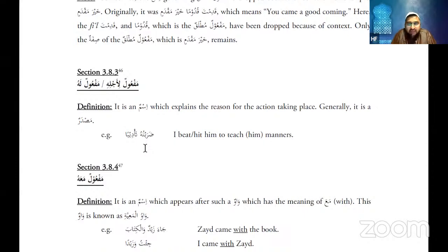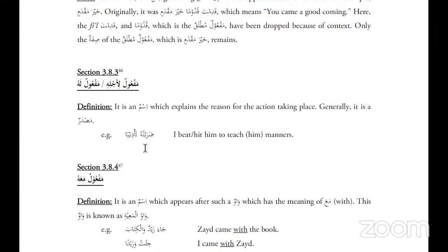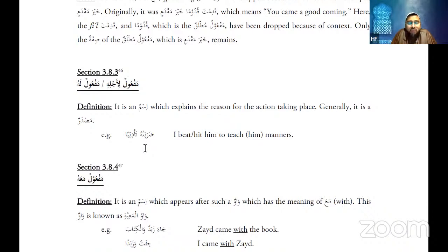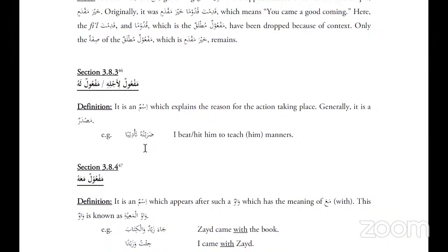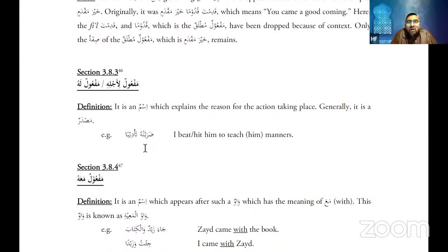For example, let me give you an example. Sister Huma, if I just said darabtuhu, what does darabtuhu mean? I hit him. Okay, and if I say to you, limada darabtahu, is there any reason mentioned for why you have hit him?